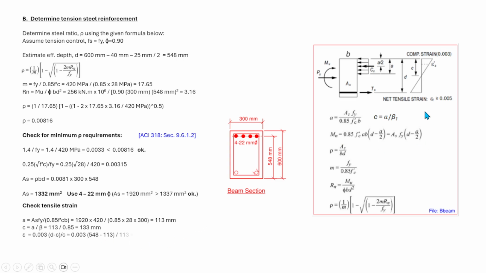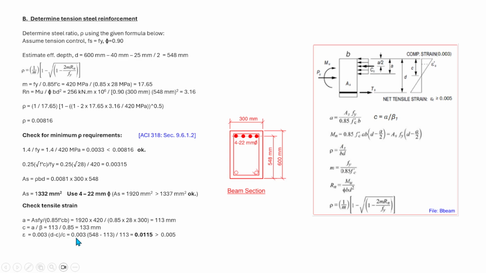Now we can determine the value of our tensile strain because we have already determined the values of a and c. We can determine the tensile strain by ratio and proportion. Simplifying that equation, it is equal to 0.003 times d minus c over c.